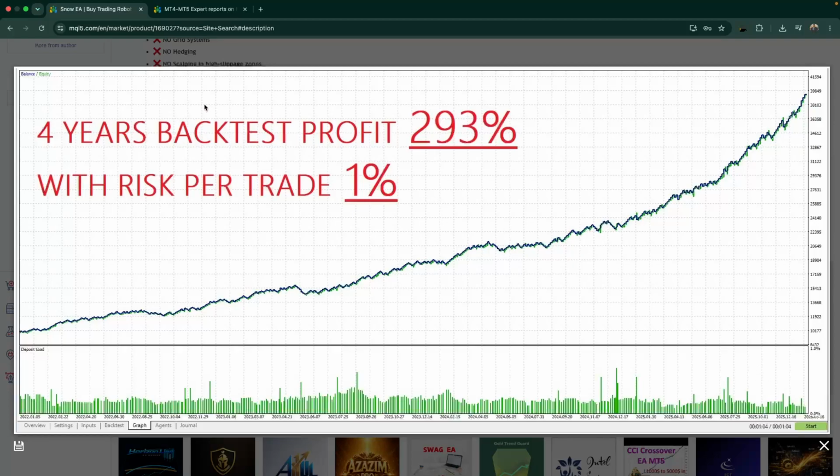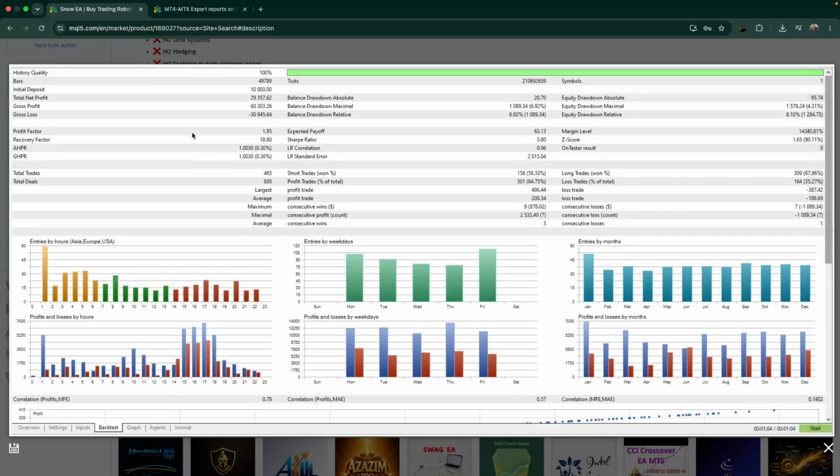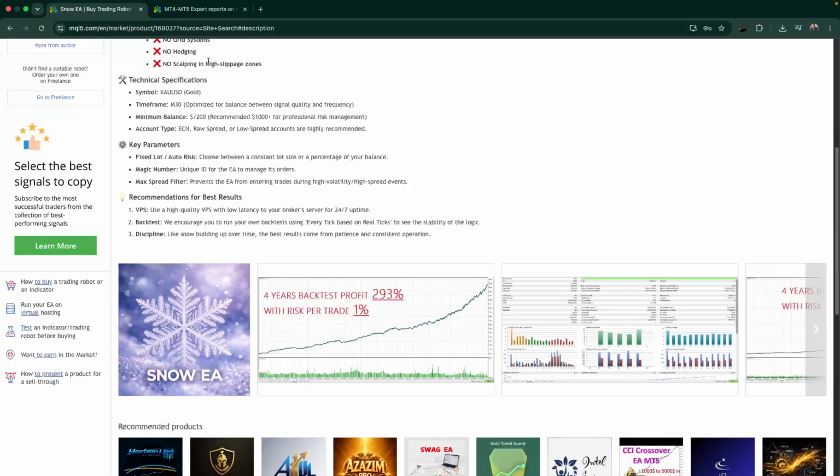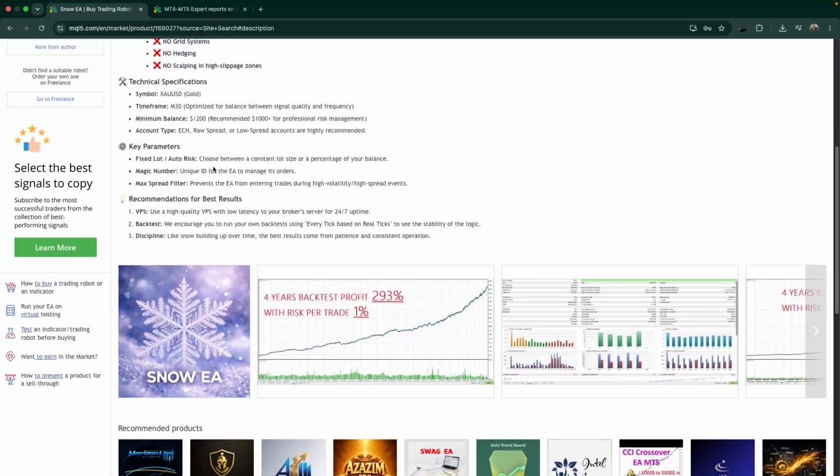Actually, 4 years, 2026, and made about 293% in total net profit, risking 1% per trade. You can see the initial deposit was $10,000 and it took that to $29,357 in net profit.